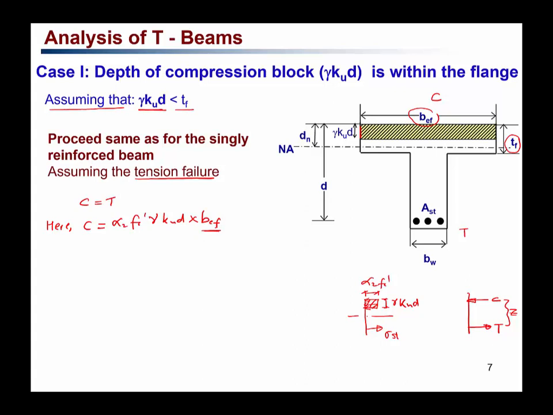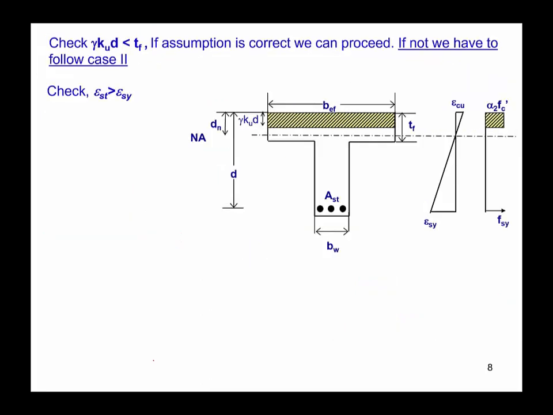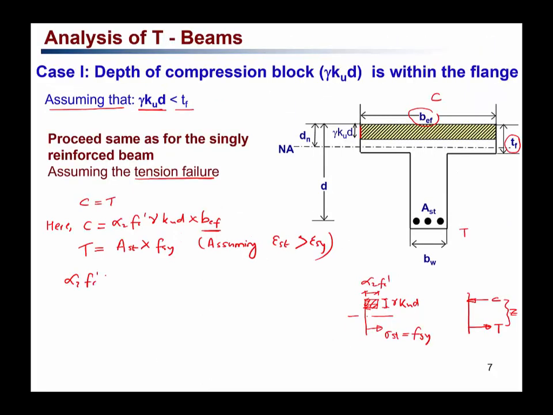That's the only difference. Now, because we are assuming the tension failure, the tension force is again area of steel multiplied by sigma ST, and sigma ST in this case, because it is already yielding, we can take as FSY. We can take it because we are assuming that steel is already yielding. Now plugging back the values of C and T in this equation, alpha 2 FC dash gamma KUD B effective is equal to area of steel AST multiplied by FSY, that gives us the tension force.